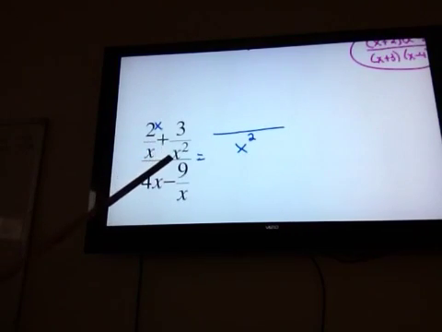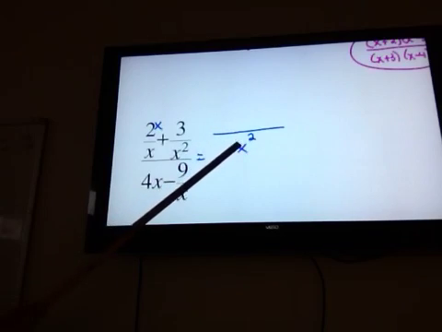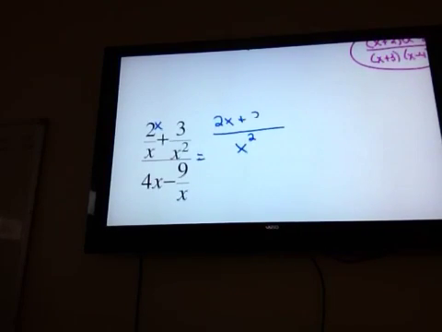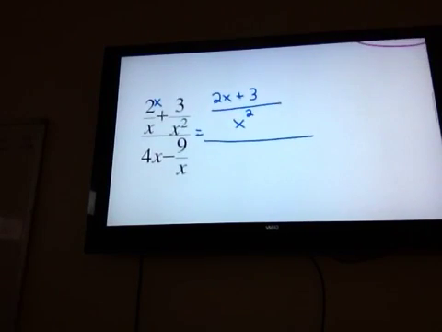The second denominator looks exactly like the LCD, so it needs nothing. So I'm going to multiply through 2 times x plus 3 over the LCD, and the denominator is x.